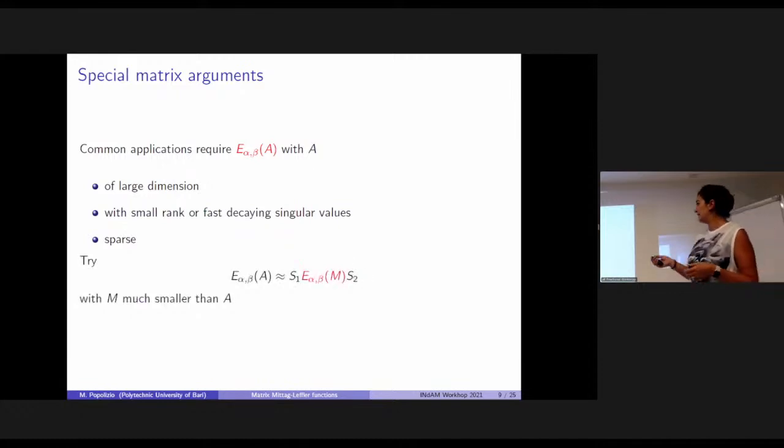The key idea is to reduce the problem. We do not compute the Mittag-Leffler function E alpha beta of A, but we just compute E alpha beta for a different matrix M that is in general much smaller than A. And S1, S2 depend on the approximation we consider, but this is the important fact: we compute a matrix function, but with a much smaller argument.